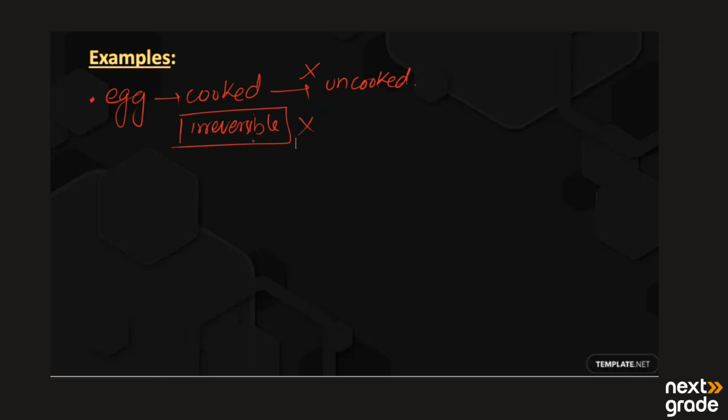Next we have example number 1. We have magnesium plus HCl. Here magnesium is in solid form and HCl is in liquid form. The reaction takes place, and the products we get are magnesium chloride, MgCl2, in aqueous form, plus hydrogen in the form of gas.